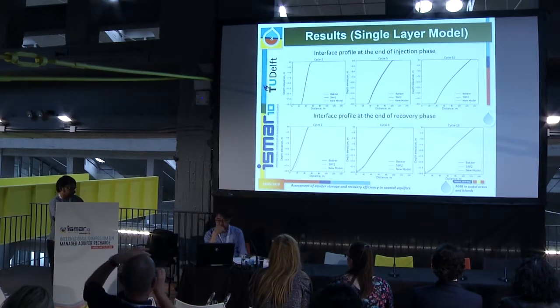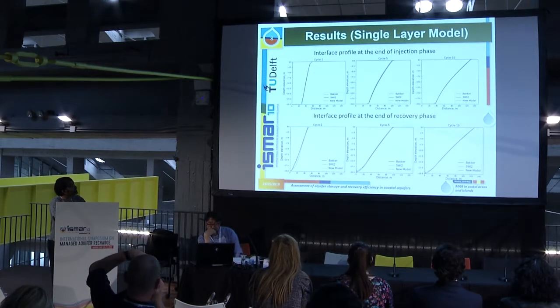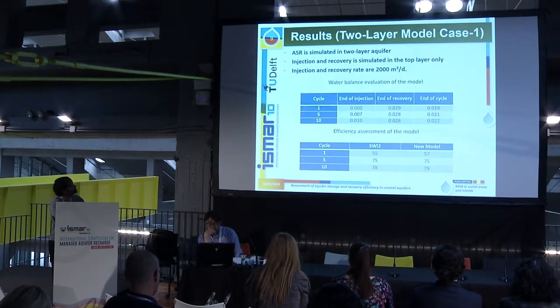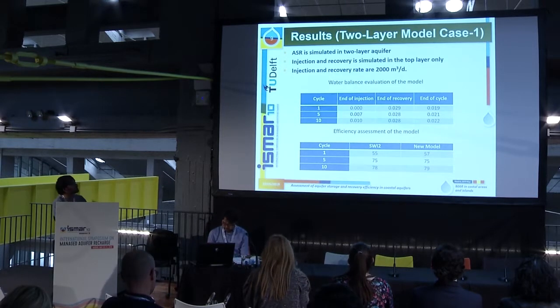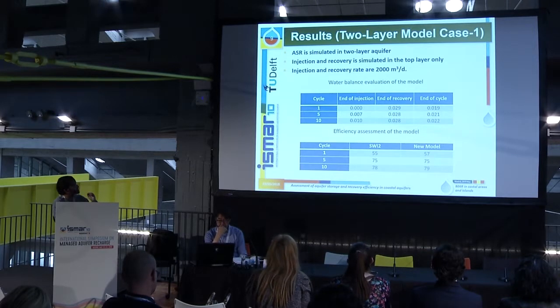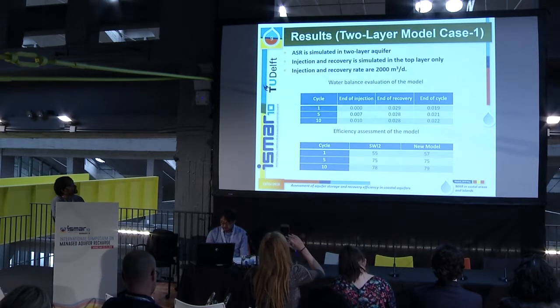So if we learn from this scenario and apply a better one, where we put the recovery well somewhere in the middle of the aquifer, that is the next case we considered. We put the recovery well at the middle of the aquifer and also injected at the middle. The recovery and injection rate is taken as 2000 cubic meters per day.